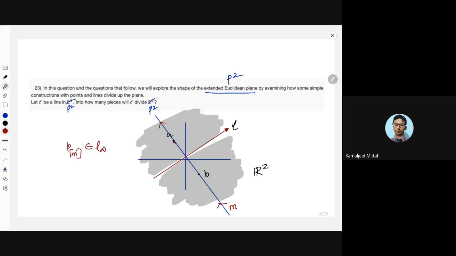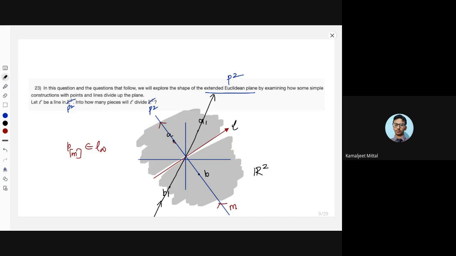Similarly, if you give me any other points, for example this and this, call them A1 and B1, I can again find a line, and I can come back to B1 from A1 by a point at infinity. So that means this region is connected, it's not broken. The region in gray is a single region, not two regions. That's why Kamaljit's answer is correct.